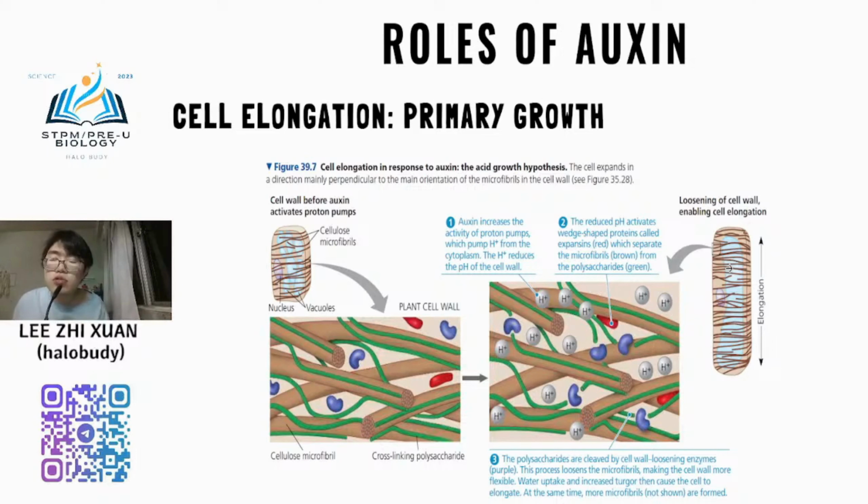So you need to loosen the cell wall first by separating the microfibrils and cellulose, so that the polysaccharide can be degraded, and the microfibrils can be loosened, making the cell wall more flexible, so that water molecules coming into the plant cell can fill up the vacuole and increase its size. This is the major function of auxin.